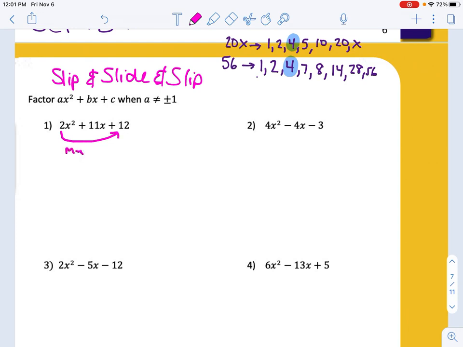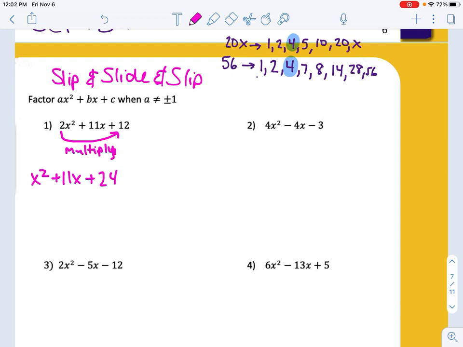That means we need to multiply 2 times 12. So when we do that, that means we have x squared left up front, plus 11x, plus 24. So we've just simplified the problem so that we can solve like we solved the previous homework's problems.